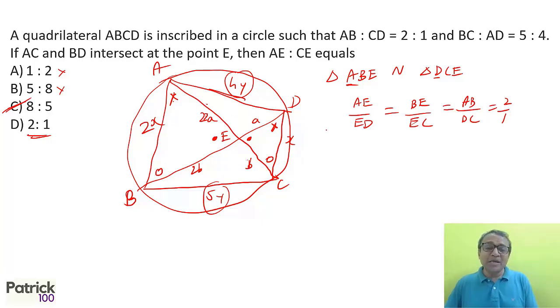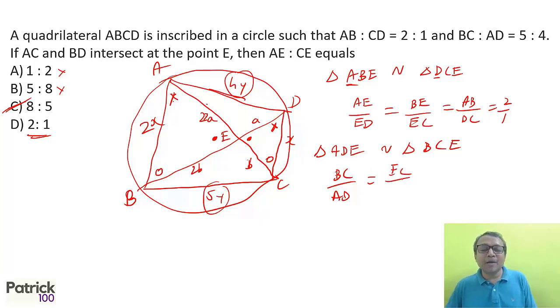Similarly, triangle ADE will be similar to triangle BCE. So if I want to find a ratio, BC upon AD will be equal to EC upon ED, which is 5:4.